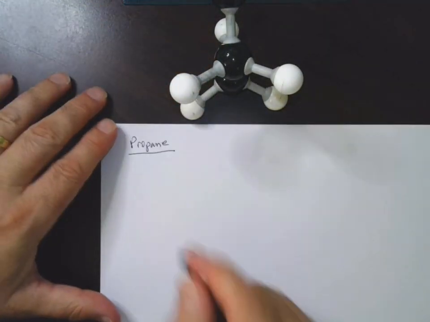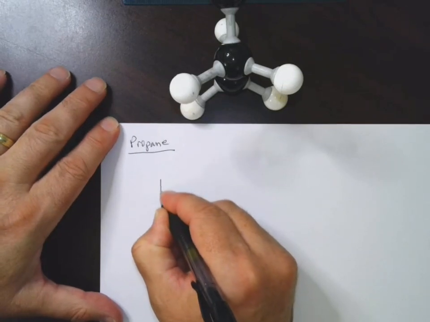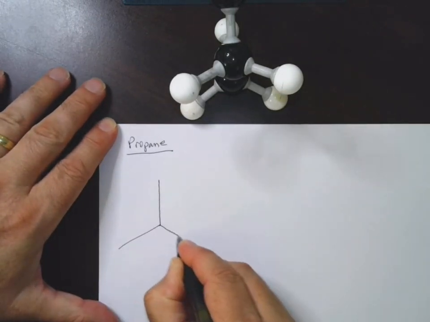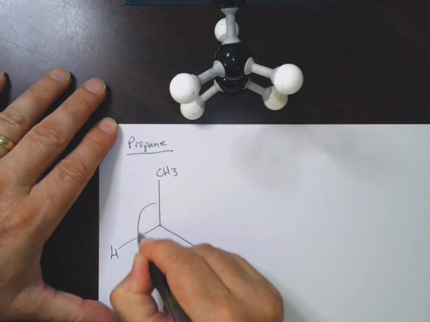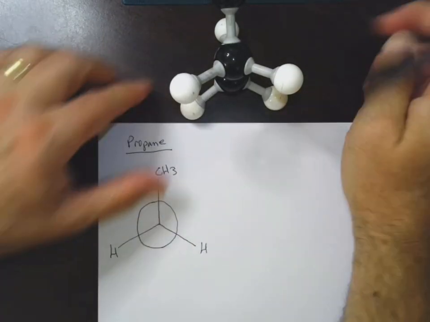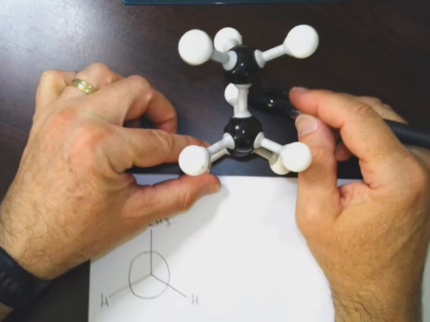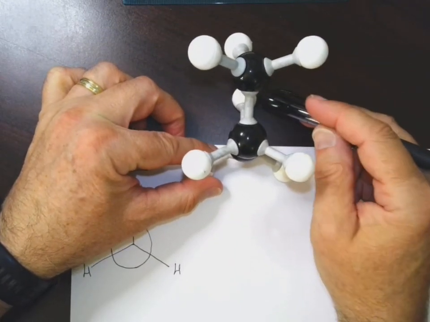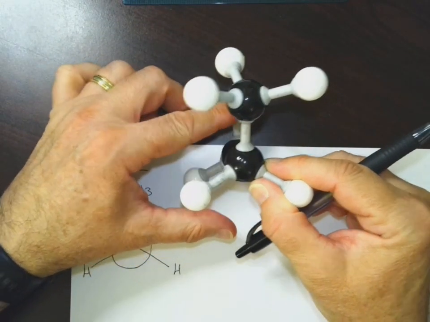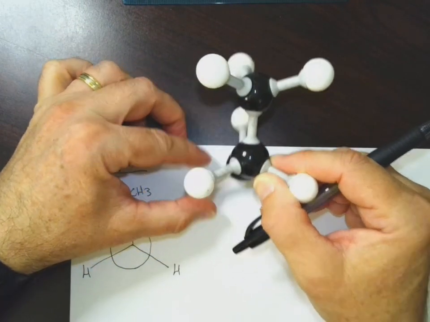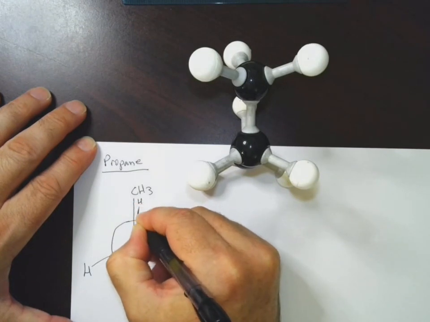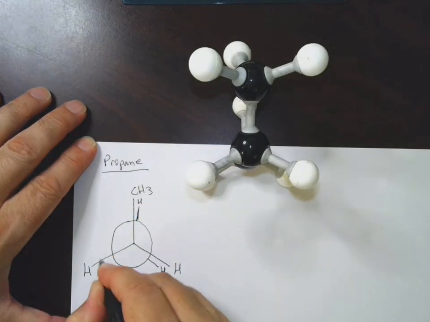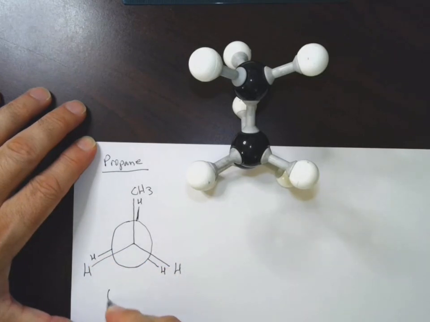So if I draw this, this is my eclipsed, H, H, CH3. Here's my back carbon, and in the back I've got a hydrogen, that's eclipsed by the methyl. And I have a hydrogen eclipse there and a hydrogen eclipse there. And that's theta equals 0 degrees.